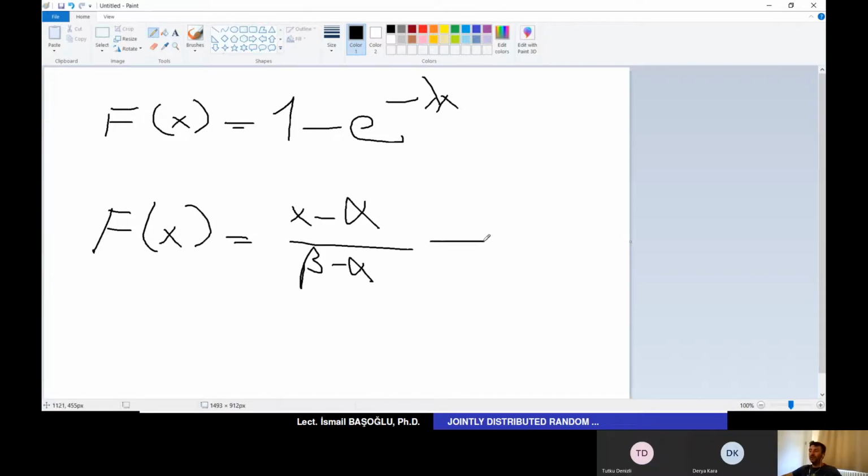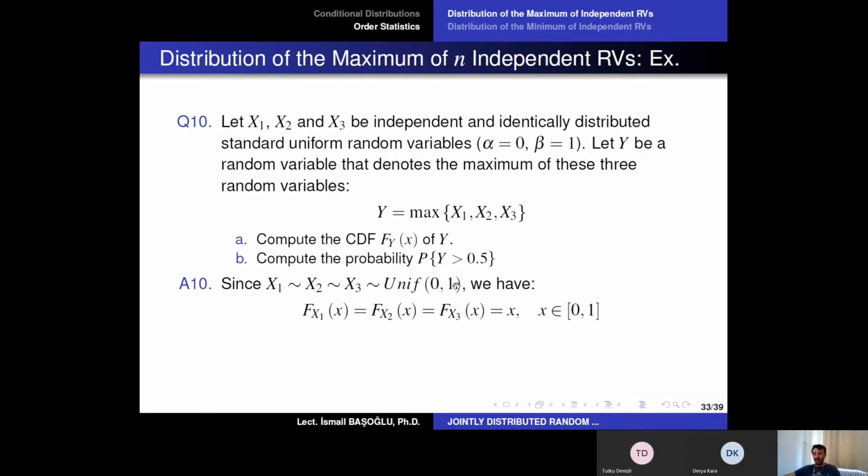For alpha equal to 0 and beta equal to 1, what is the CDF? It is exactly equal to x, an identity function. So for a standard uniform distribution, where we have lower bound parameter 0 and upper bound parameter 1, the CDF of all three random variables is equal to x as a function.